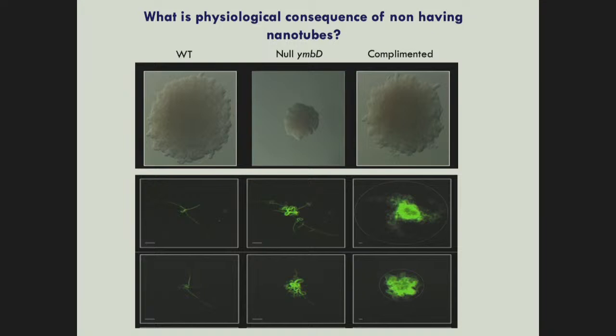They define their territory and then they grow centrally. When we knocked them out, you can see that they don't grow clearly, like they don't define their territory. So that says there is multicellular behavior in bacteria which is mediated by this molecule and nanotubes.